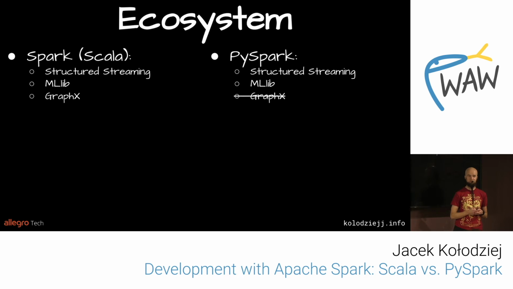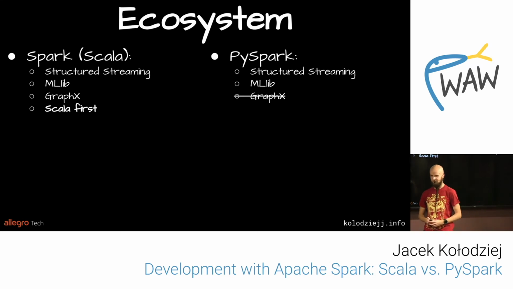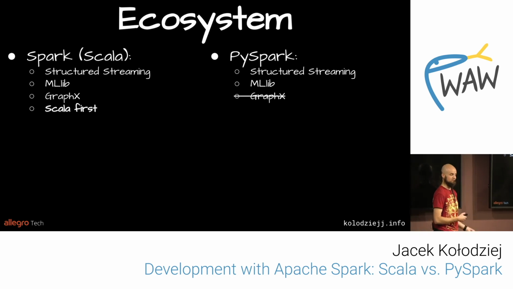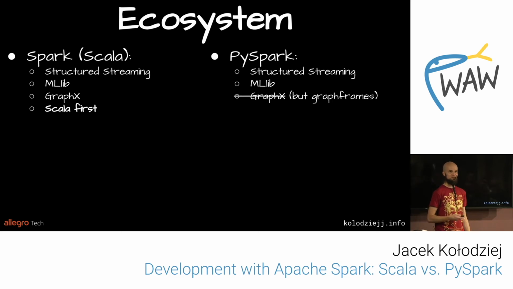But there's a library called GraphX for graph operations, and we can't use it, at least not directly, in PySpark. This is because Apache Spark is actually written in Scala, and whatever new thingy will be implemented in Spark, it will be available in Scala first and in Python second, maybe. Well, we wait for GraphX for quite some time now. On the other hand, there's some wrapper around GraphX. I haven't used it, but yeah, it's available.